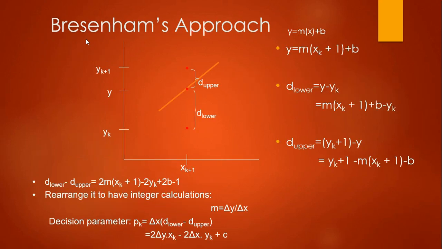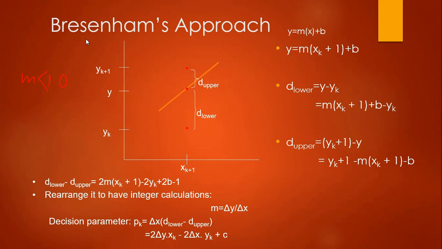Now let us see Bresenham's approach. As you know, the line equation can be given as y is equal to mx plus b. How can we arrange this equation for Bresenham's approach? We have to consider the slope, and I am going to consider slope value m that is less than 1.